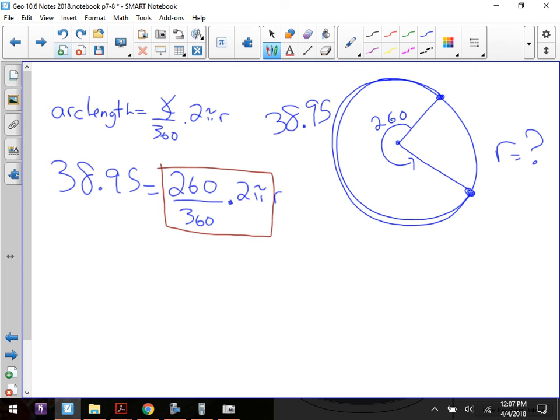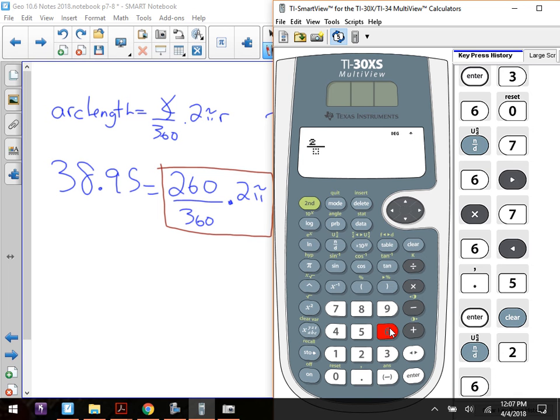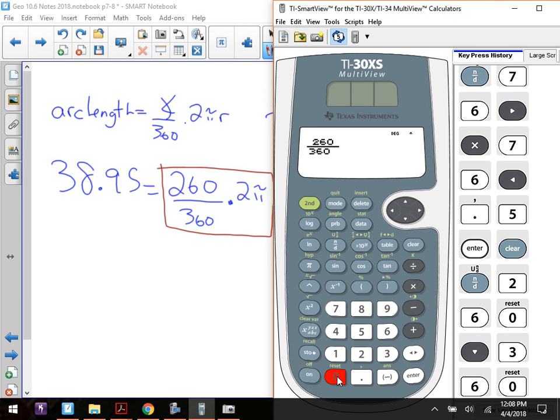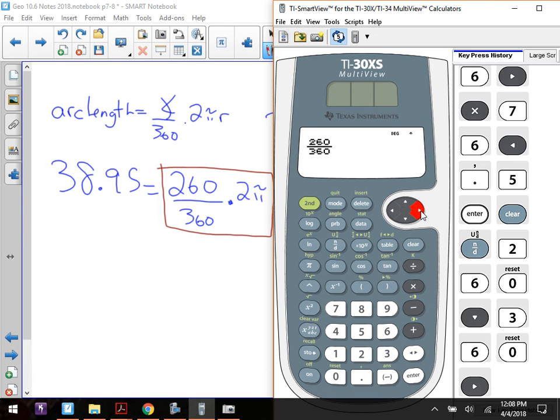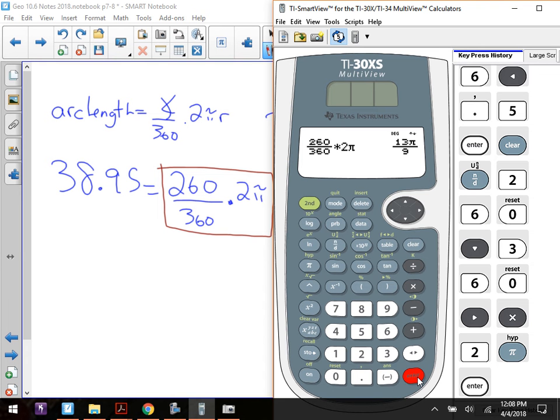So you go to your calculator, and I'm going to type in my 260 over 360 times 2 pi, and I'm going to hit enter. And I'm going to leave that alone. I'm not going to touch anything else in my calculator.